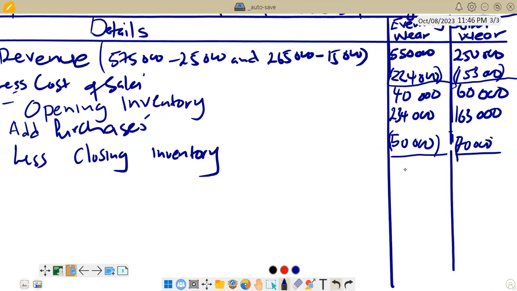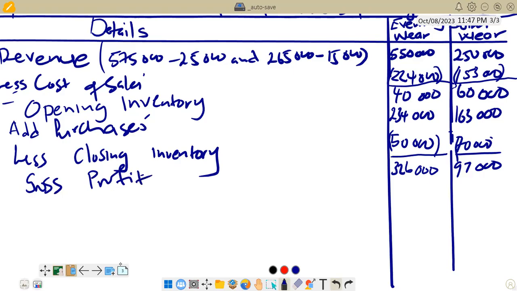We are supposed to get 326,000. Then here we say 250,000 minus 153,000. Then we get 97,000 here. So the figure that we get here is gross profit. Remember, the formula for gross profit is revenue minus cost of sales.